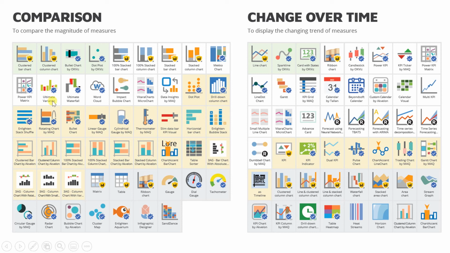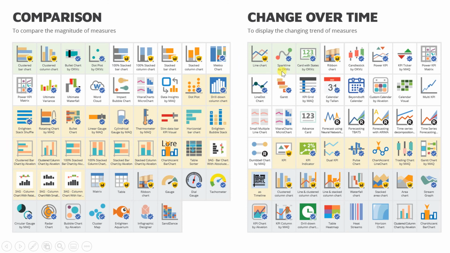When you are doing comparisons, these are the charts to use. The ones with the green are the ideal ones that are recommended. So clustered bar chart, clustered column chart, to compare the magnitude of measures. Let's say you are comparing countries, you are comparing segments. You can use these charts. So these are several charts that can be used.